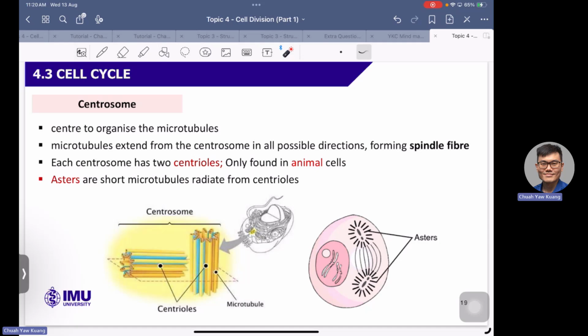But not every spindle fiber is needed, so those that are very short we call aster.